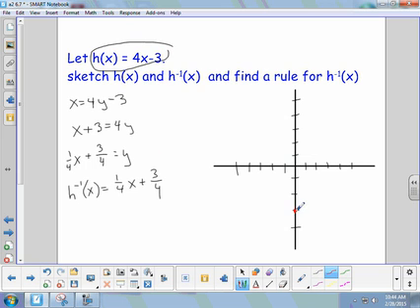I put a dot at -3. My slope is 4, or 4/1, so my rise is 4, my run is 1. 1, 2, 3, 4. Let's go ahead and draw a line through those points. All right, so that right there is my h of x.